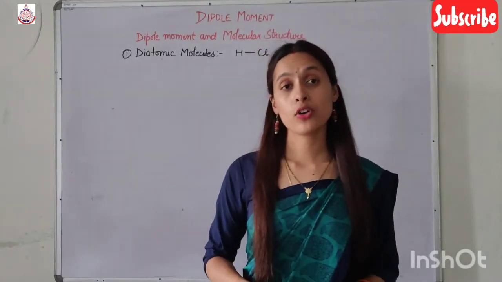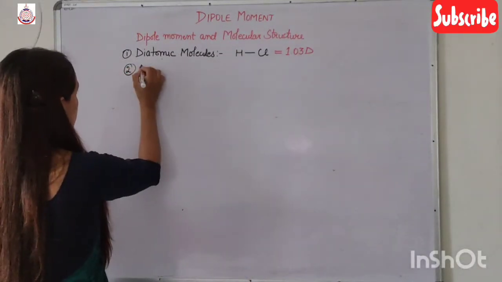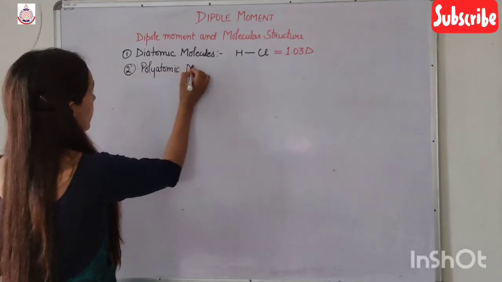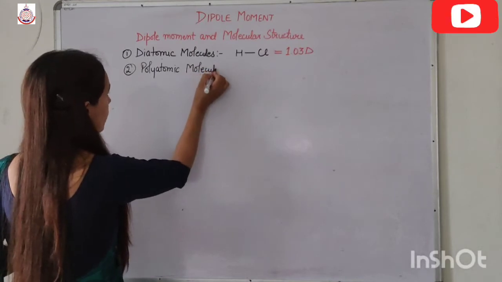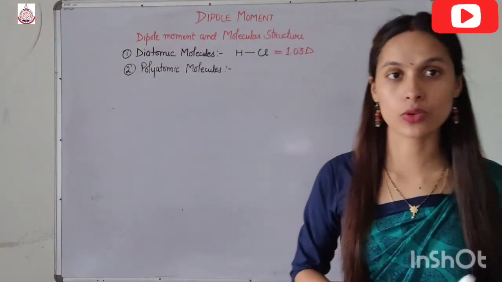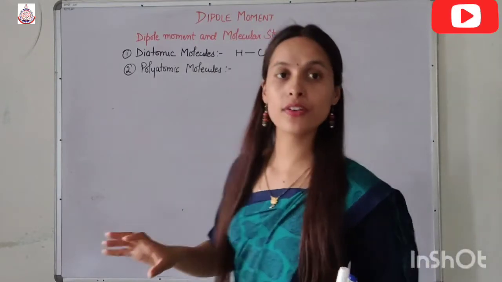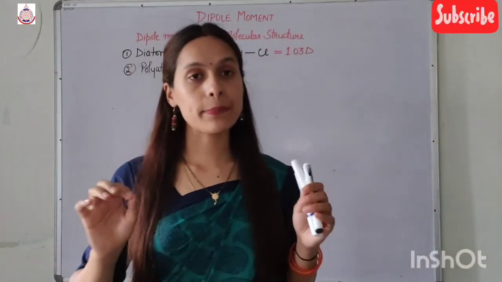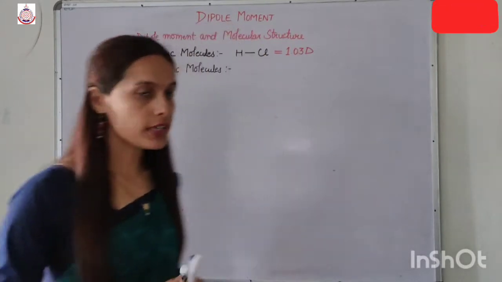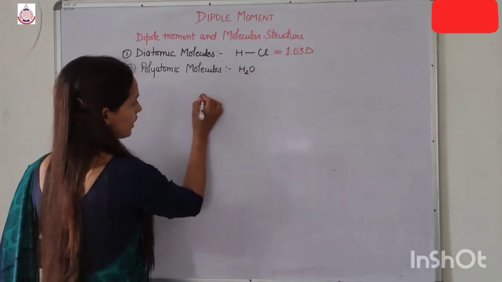But if I talk about polyatomic molecules, the dipole moment of the molecule is different from the dipole moment possessed by the individual bond in that molecule. For example, H2O. Its structure is like this.